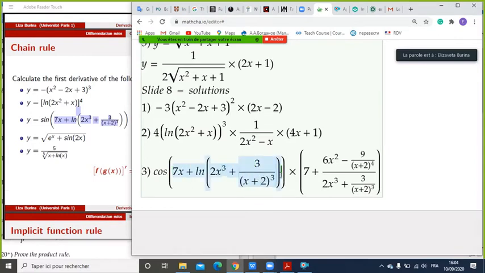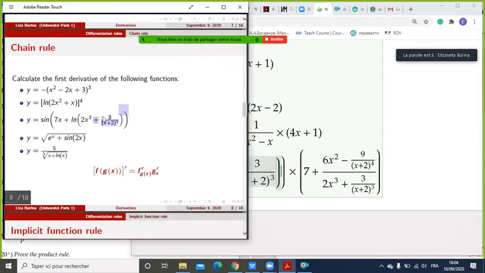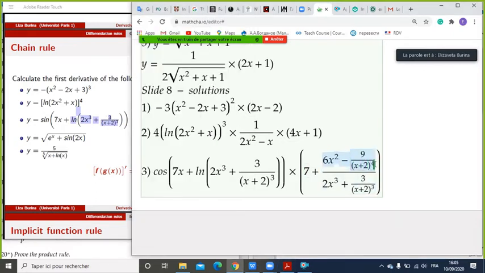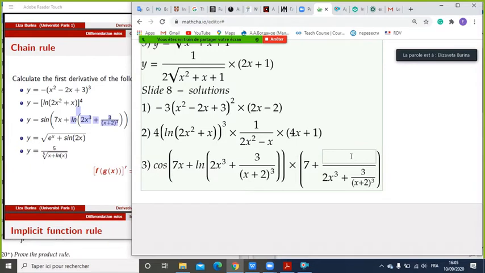Now the second inner function, and here what we should realize is that this inner function is a sum. So, how do I take the derivative of a sum? I take the derivative of the first part, that is 7, and then I'm going to take the derivative of the second part.